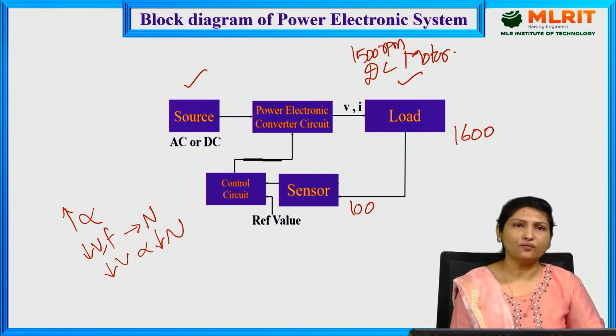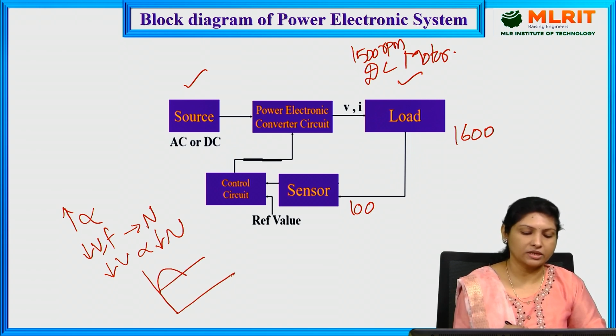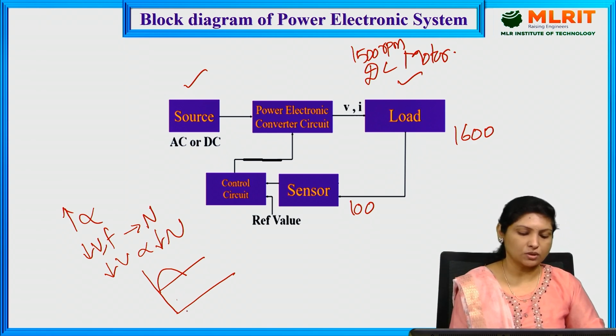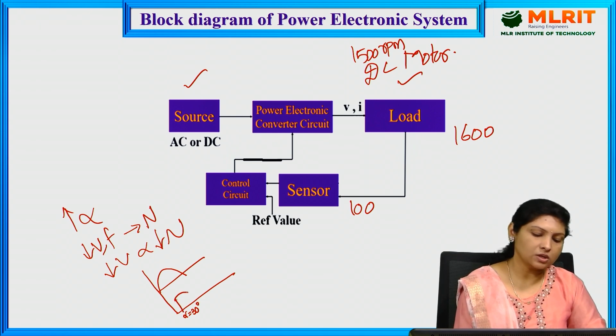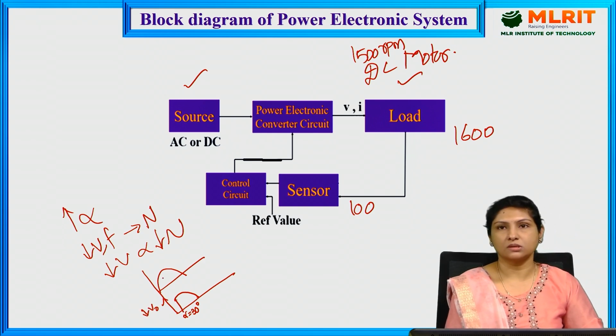And how, if the firing angle is increased, is the speed coming down? Say this is the input voltage, and now I am triggering this particular switch at firing angle alpha equal to say 30 degrees. In that case, this is your output voltage, which has come down when compared to this.